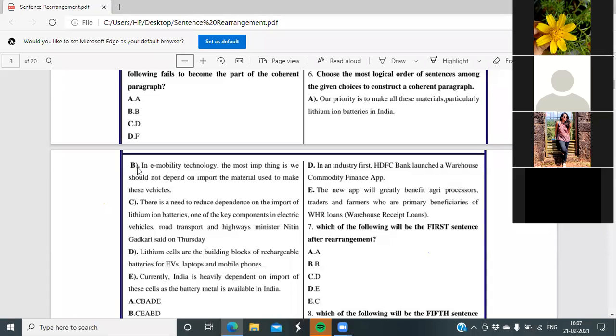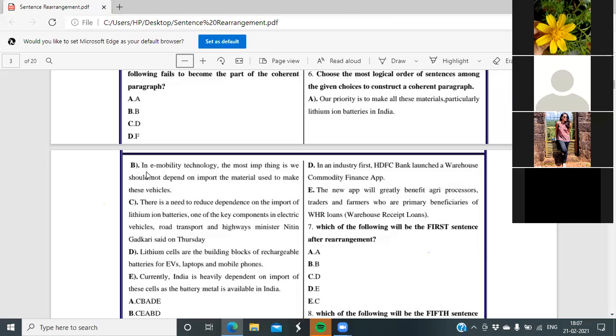Purva, I just showed Rahul, Ravindra showed where the options are. Are you still not able to see it? The question is on the right side and the options are on the left side.